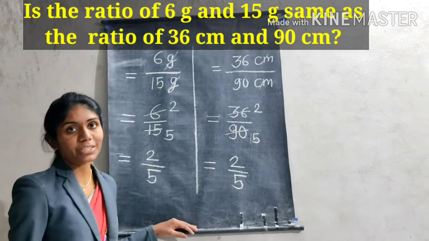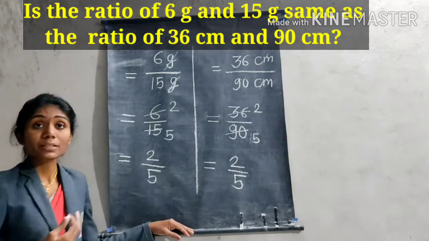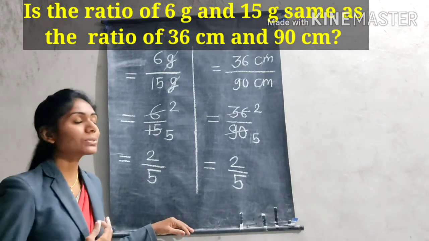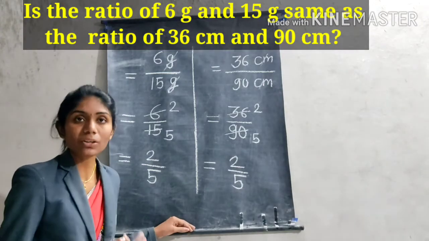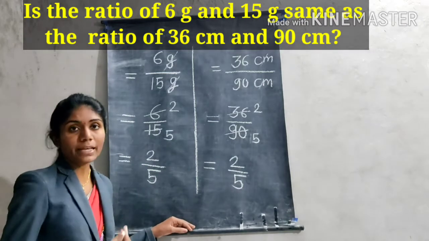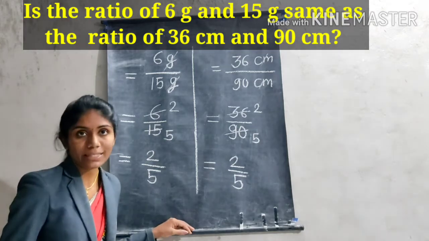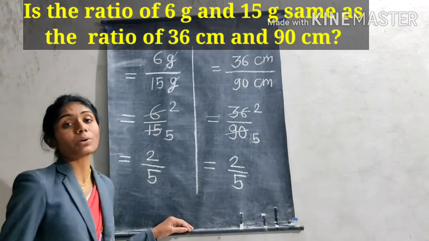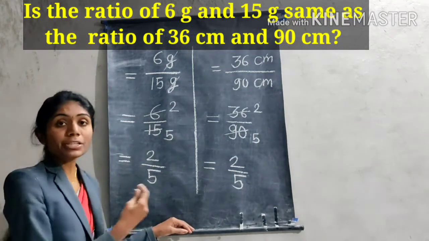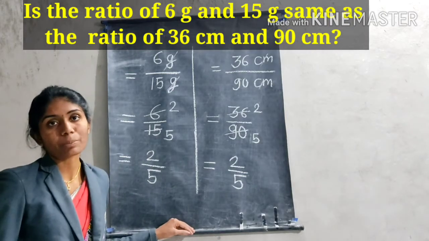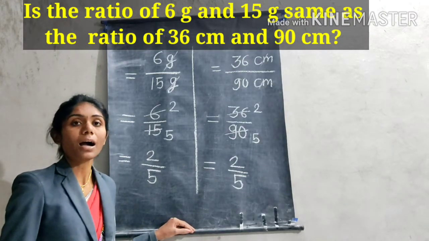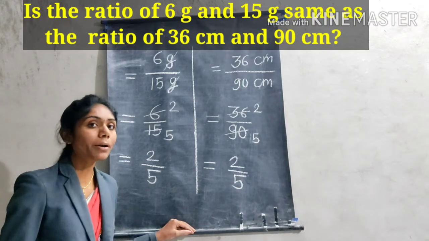The next question is the ratio of 6 gram to the 15 gram is equals to 36 centimeter to 90 centimeter. So first we want to convert each ratio into their simplest form, and then we will tell are they equal or not.